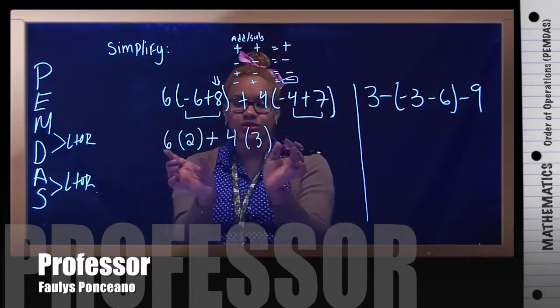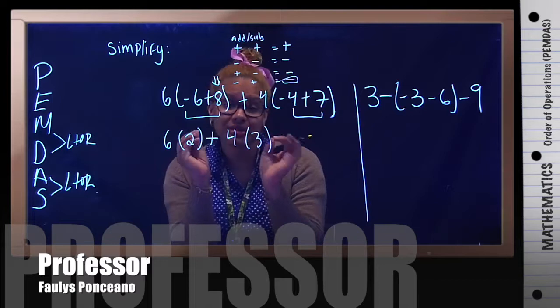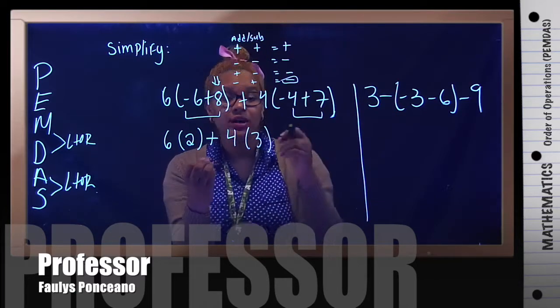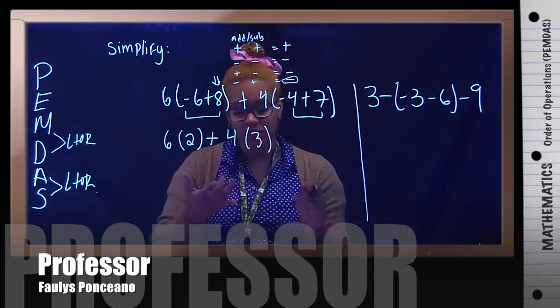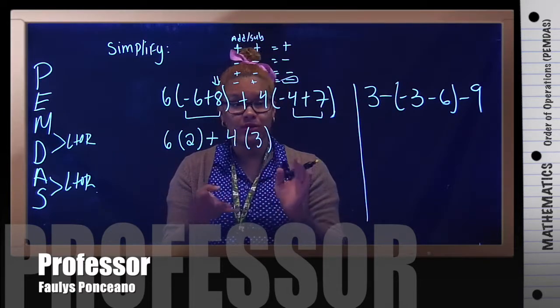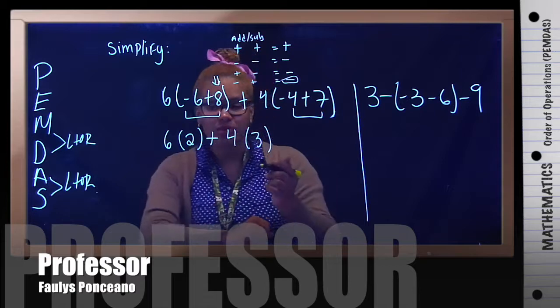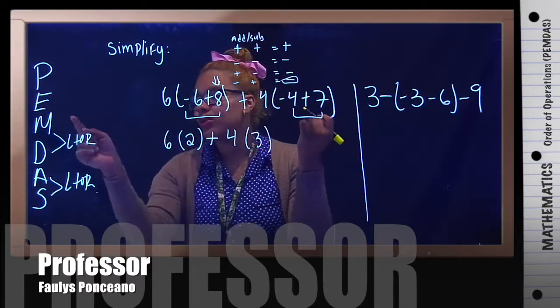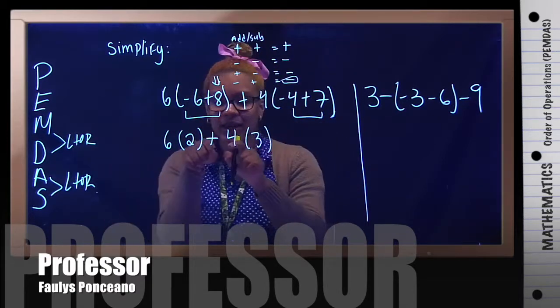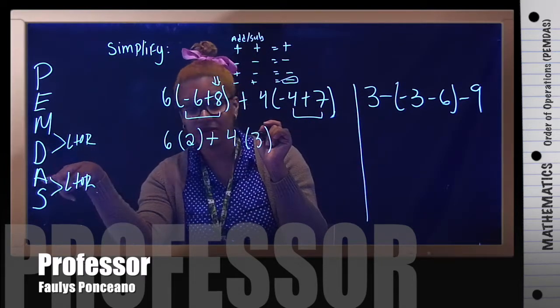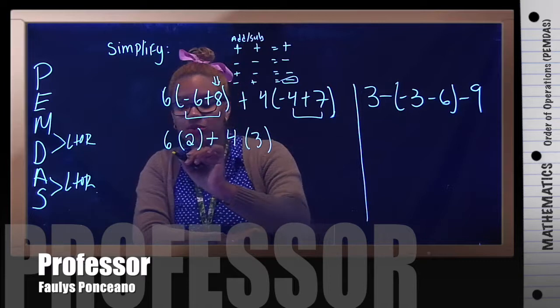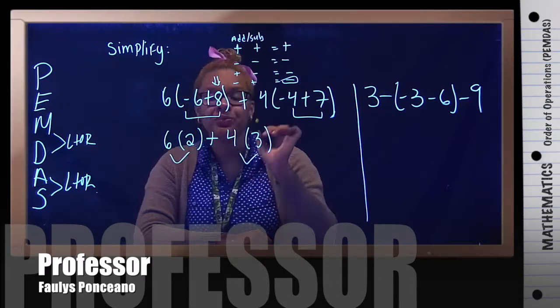Now you still have parentheses, but inside those parentheses, do you have an operation? No, it's just 2, it's just 3. You don't have adding, subtracting, multiplying, or dividing. No operations. So the next step, we're going to multiply. I cannot add, I have to multiply, because addition comes after multiplication and division.